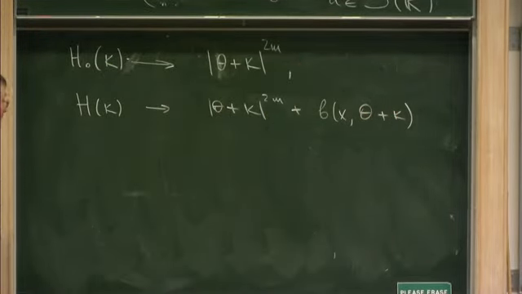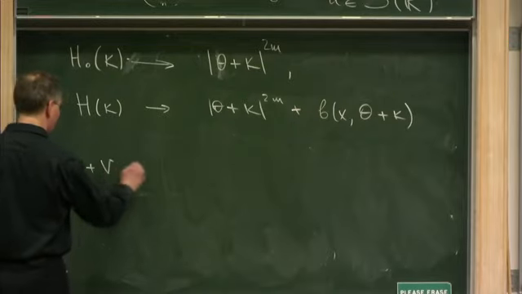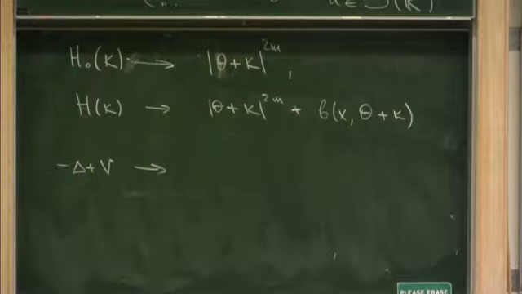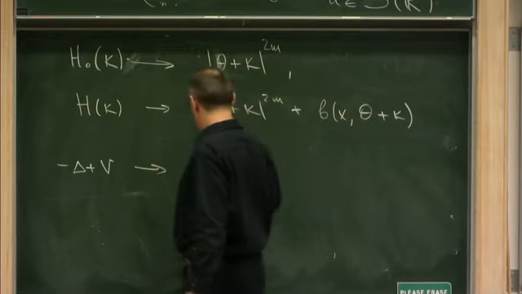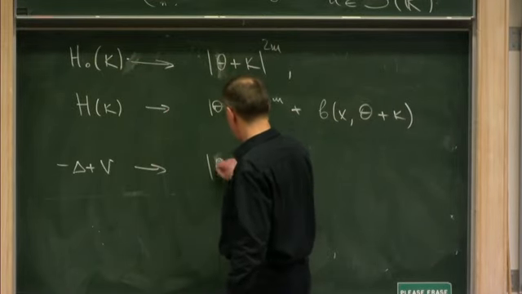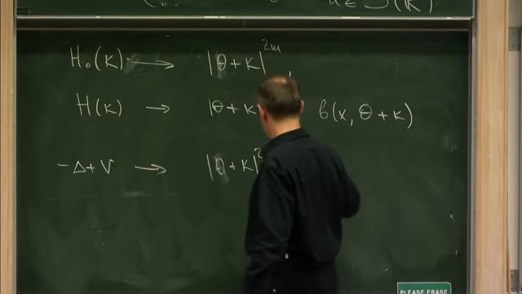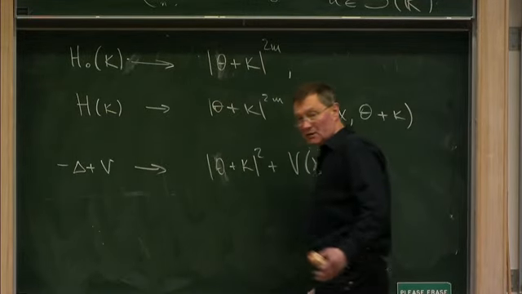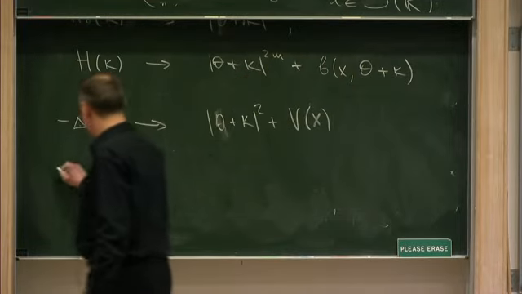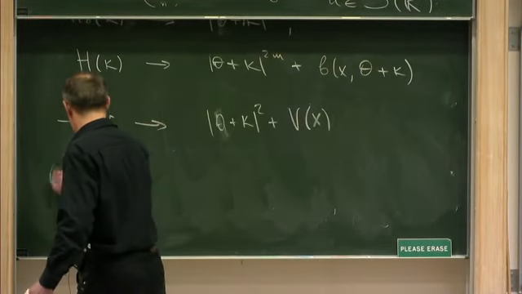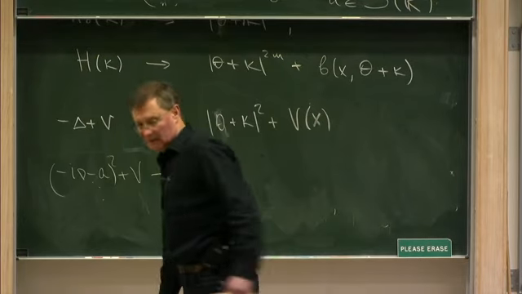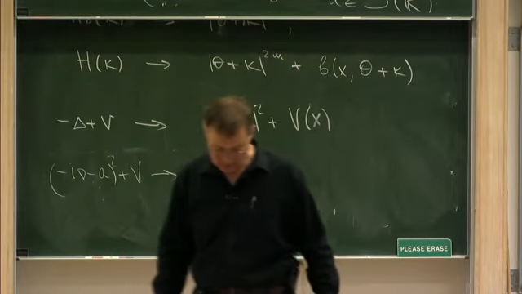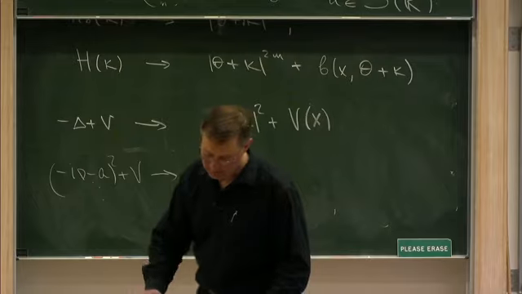For the Schrödinger operator, minus delta plus v, if we take the slice, if we take the fiber labeled k, we're going to get theta plus k squared plus v of x. This is the symbol. And for the magnetic operator, a very similar thing. Let me write this down for further reference. I will need this.